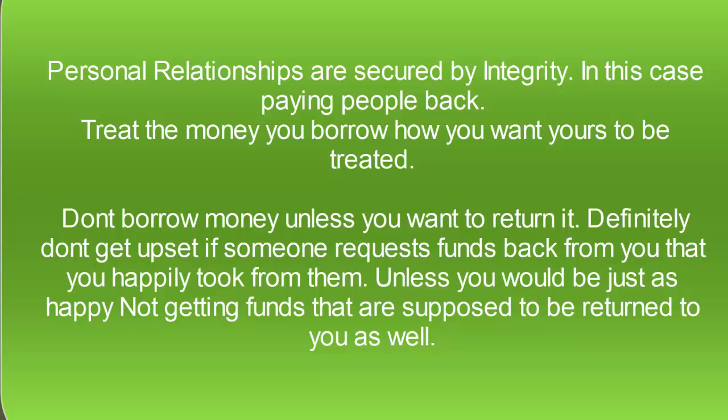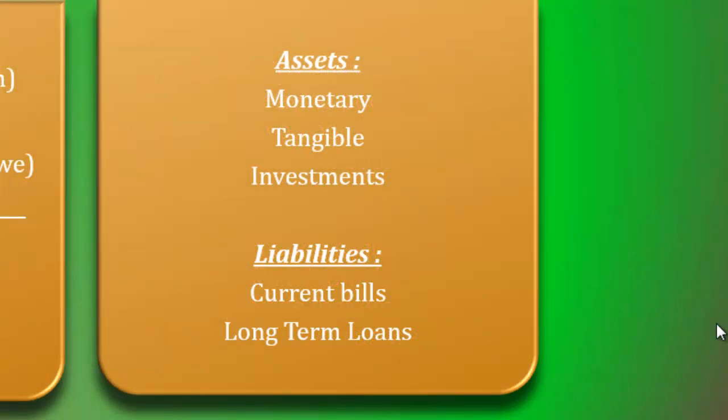All right, so next we have our long-term loans. Our long-term loans are going to be our college loans or student loans for education, your home mortgages, or other real estate type mortgages. And these types of liabilities can really add up.